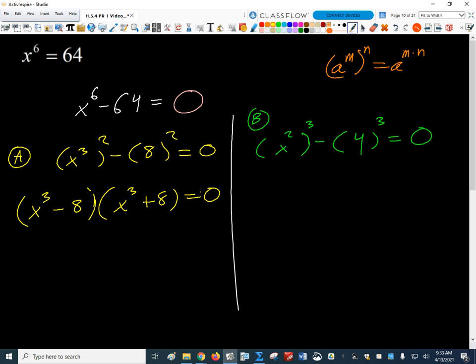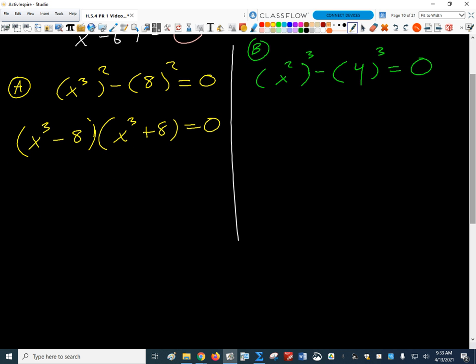Agreed? By the difference of squares. Okay. Well, then look what I get when I look at those two factors. Those are a difference of cubes and a sum of cubes, right? I've got x cubed minus 2 cubed times x cubed plus 2 cubed, right?